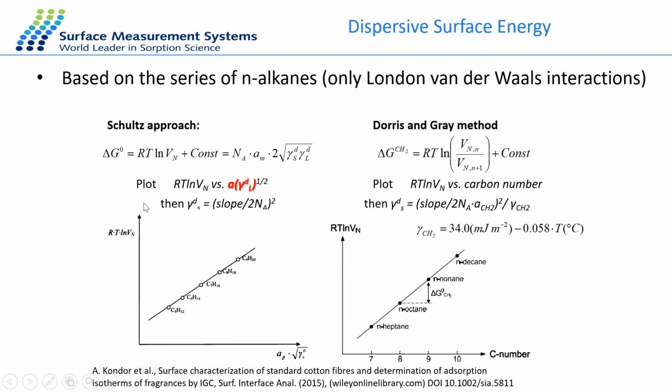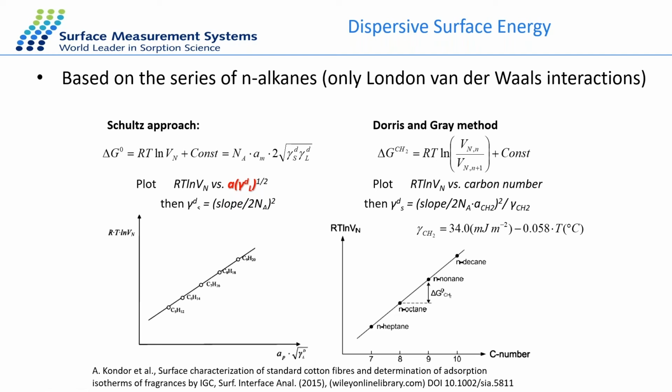In both methods, the Gibbs free energy of the alkanes used is on the y-axis, and the x-axis, depending on the method, is the carbon number or the cross-sectional area and the liquid surface tension of the probes.